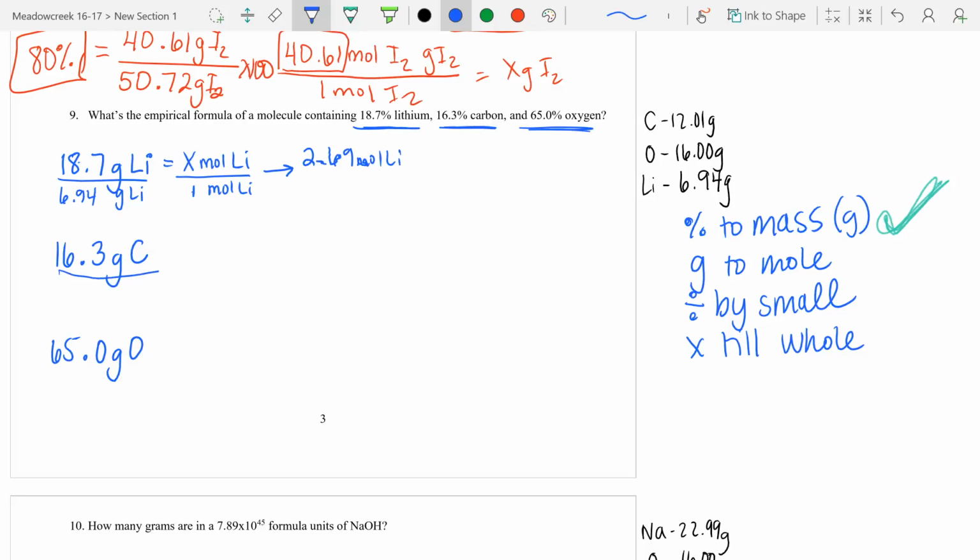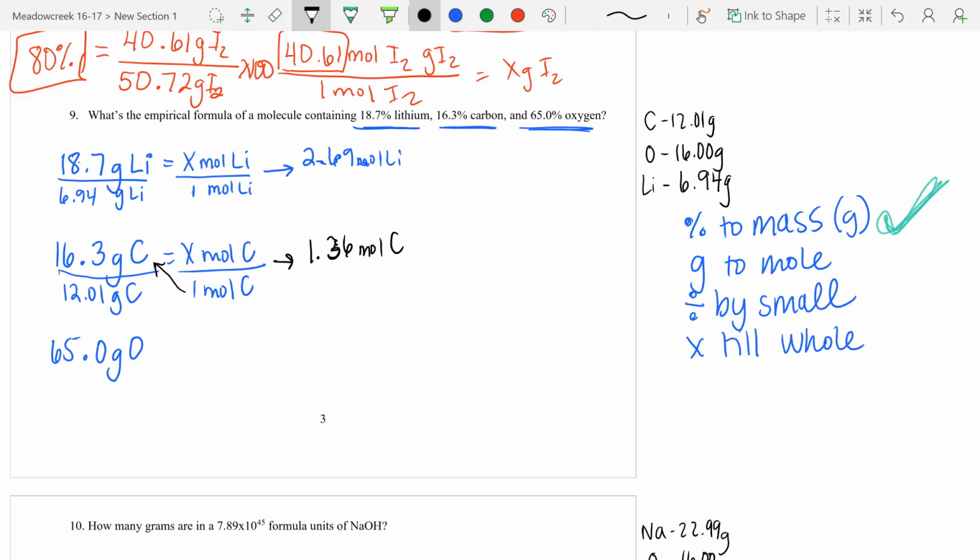I need to do the same thing for carbon. So let's set it equal to X moles of carbon, 1 mole of carbon on the bottom, 12.01 grams of carbon here. When I cross multiply, 1 times 16.3 is just that. So 16.3 divided by 12.01 gives us 1.36 moles of carbon.